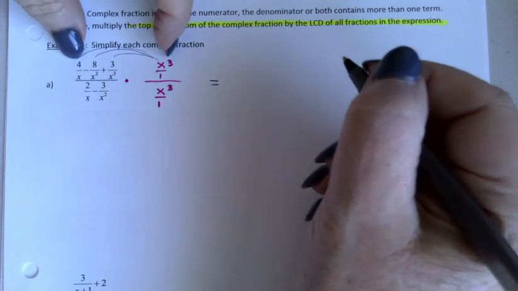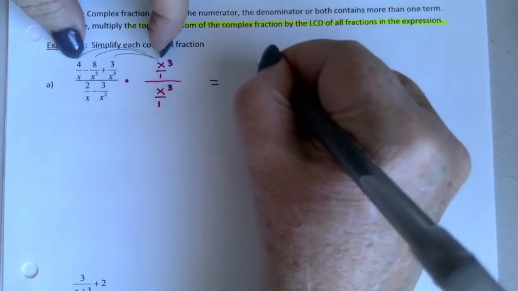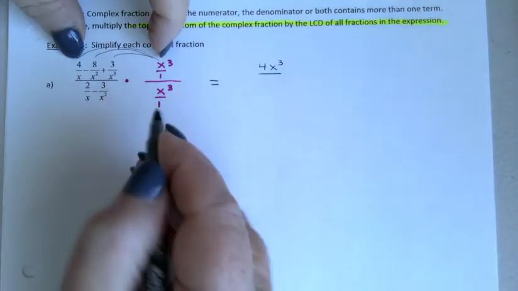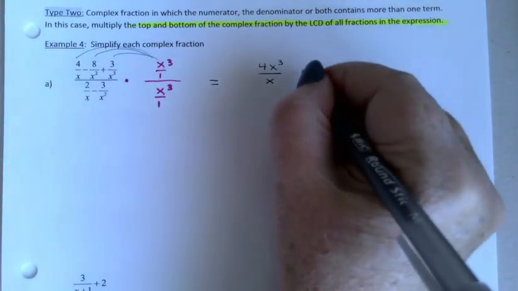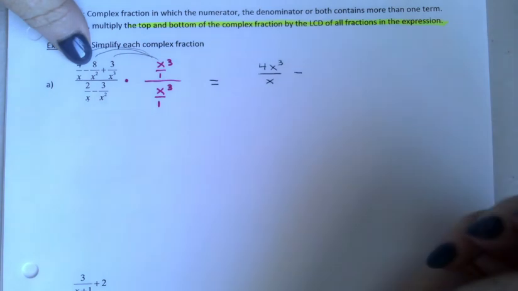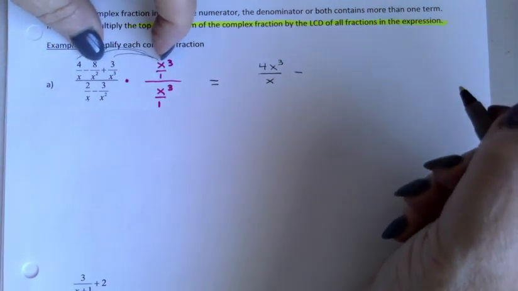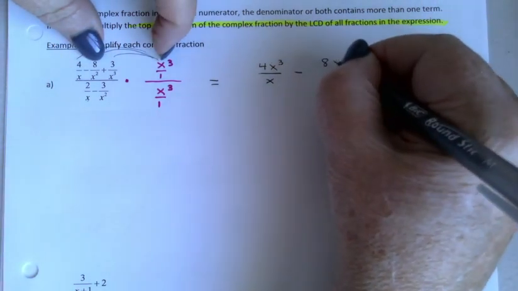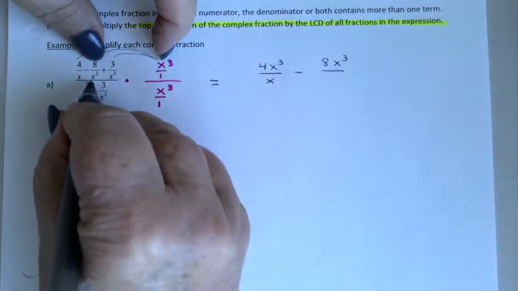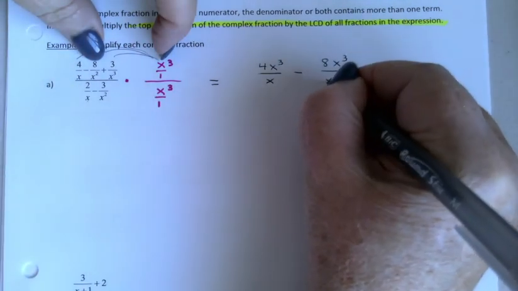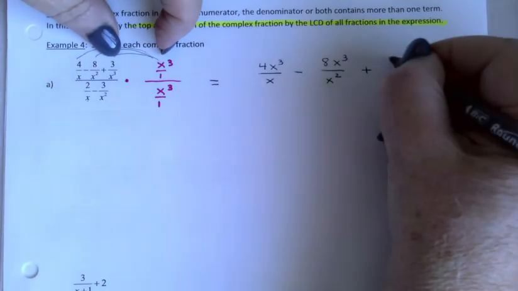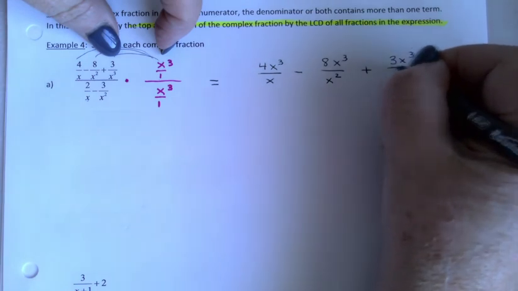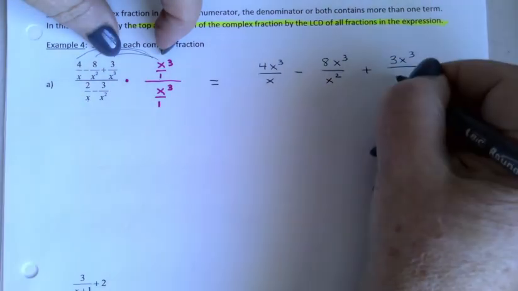If I multiply, this first fraction becomes 4x cubed over 1 times x, which is x. Subtract. Second fraction becomes 8x cubed over x squared. Plus. Third fraction is going to be 3x cubed over x cubed.